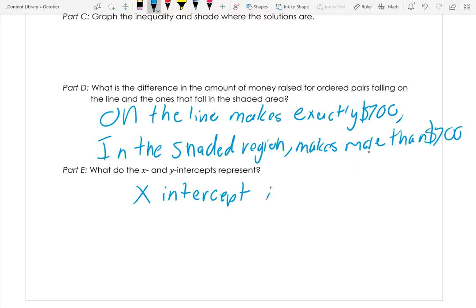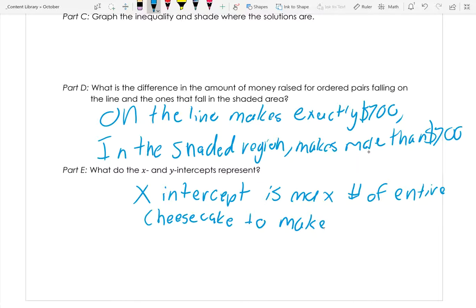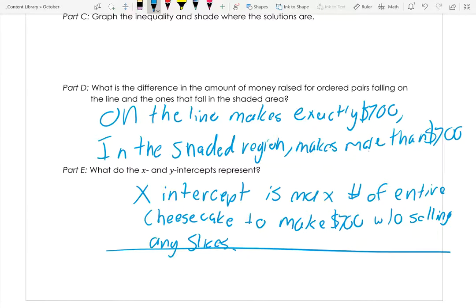The x-intercept is the max number of entire cheesecakes to make $700 without selling any slices.